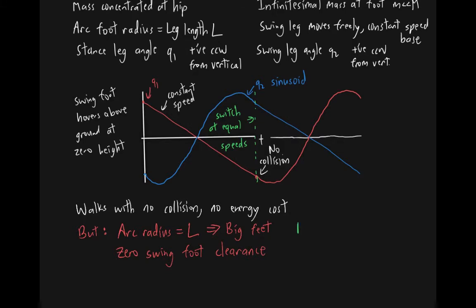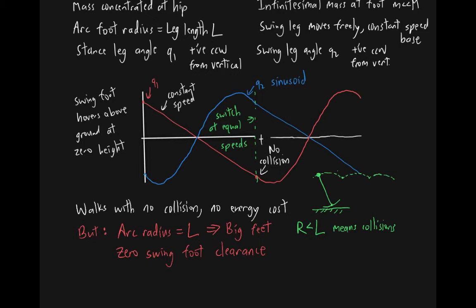So you might think that a solution to this is to reduce the radius of curvature for the arc foot to something less than leg length. And what that would mean is that we would expect the hip not to move in a straight line anymore, but instead to follow a series of arcs.